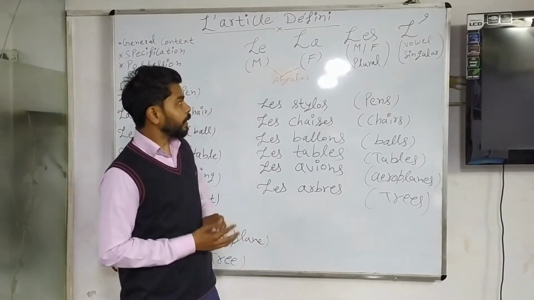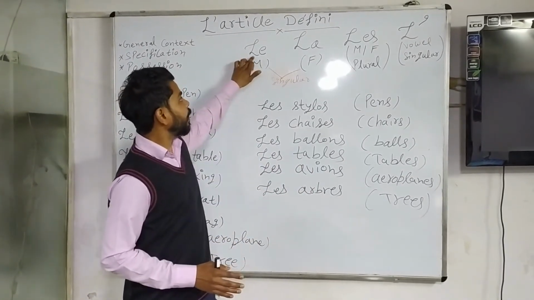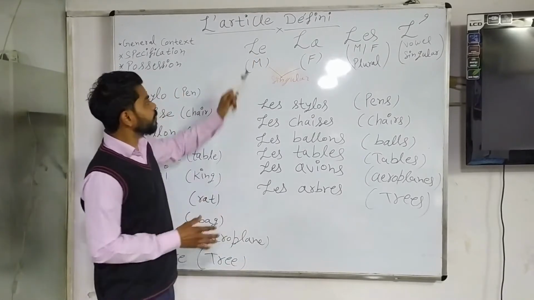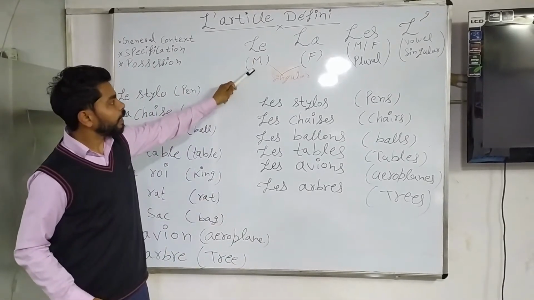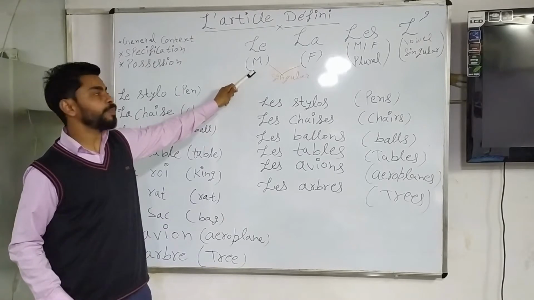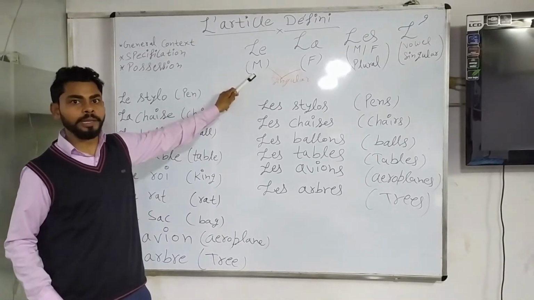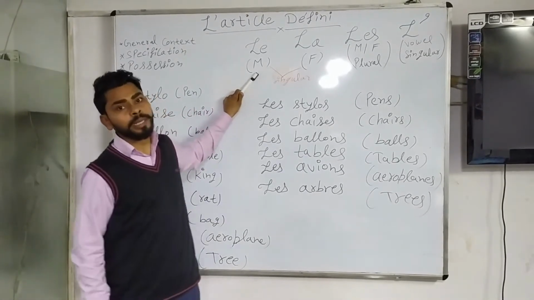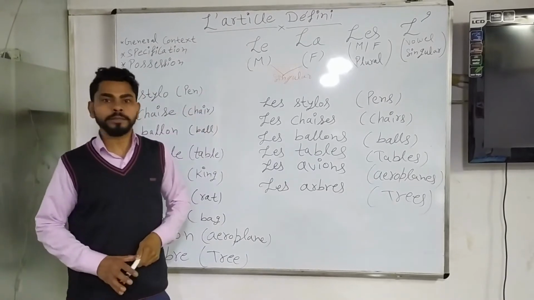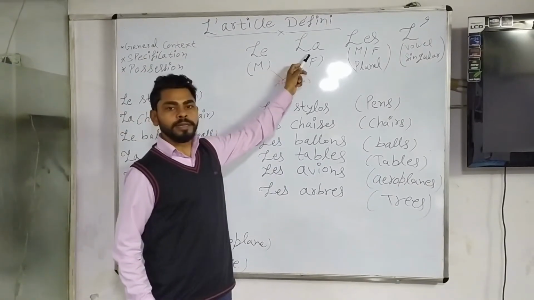So we have the categorization as le. This is le, and I have represented M in bracket, which means masculine, the male. Whenever we have a male noun, we will use le. Then we have next la.